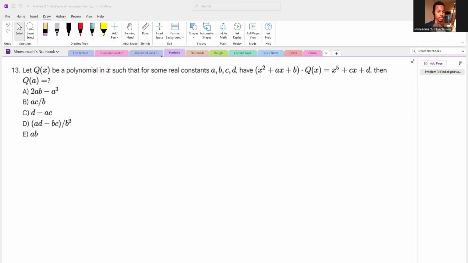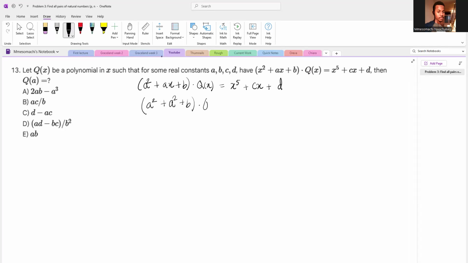Okay, so let's look at this problem. First things first, if we just plugged in a, we would have (a squared plus a squared plus b) times Q of a equal to a to the power of 5 plus ca plus d.